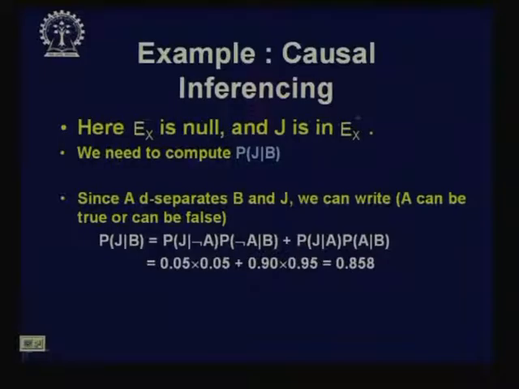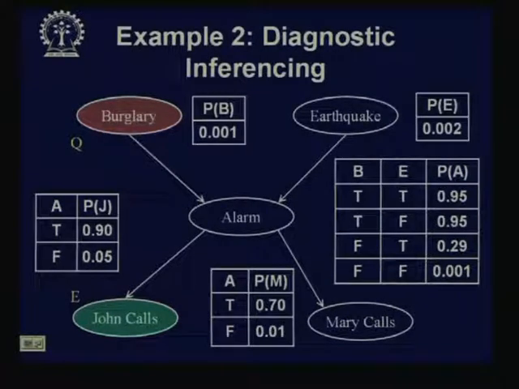To complete, I have given you the example of causal inferencing. Here I am posing this problem to you as a quiz. The scenario is that John has called. So, it is diagnostic.